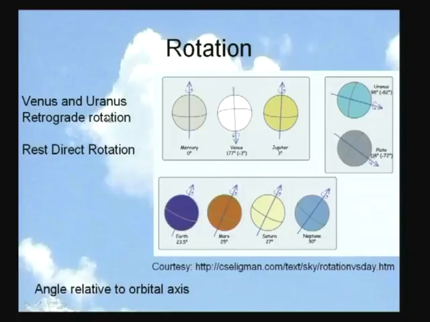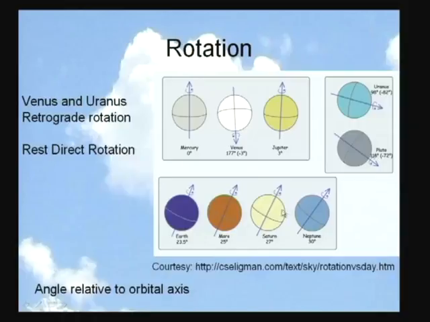If you look at this picture, this is Mercury and this is Venus. Venus is inclined opposite to the direction in which it is orbiting the Sun. This is Jupiter. These are more or less aligned with the direction of orbital motion, but this is aligned in the opposite direction.